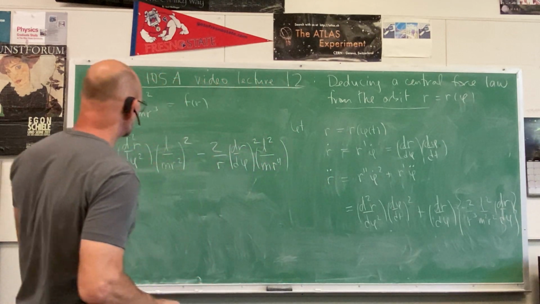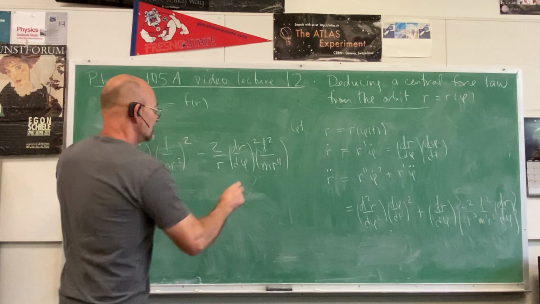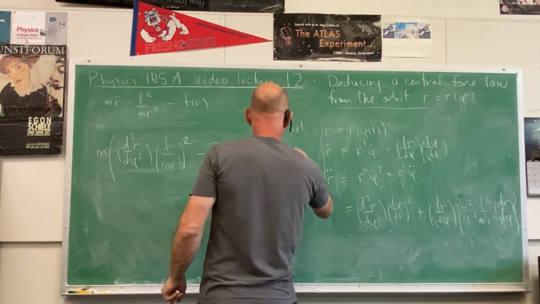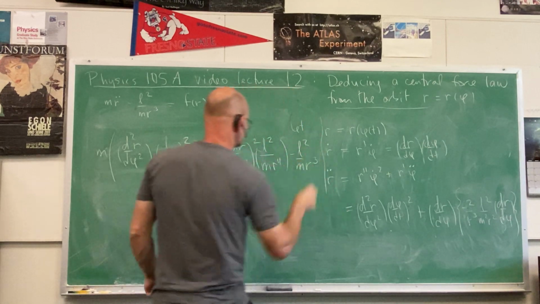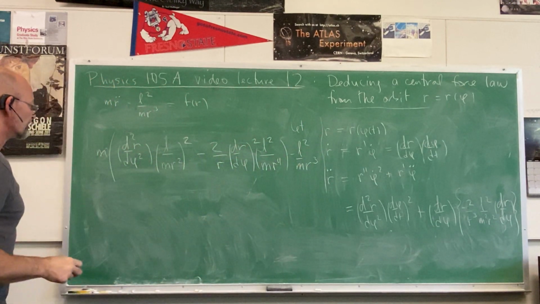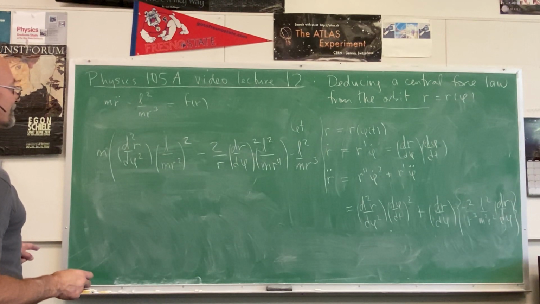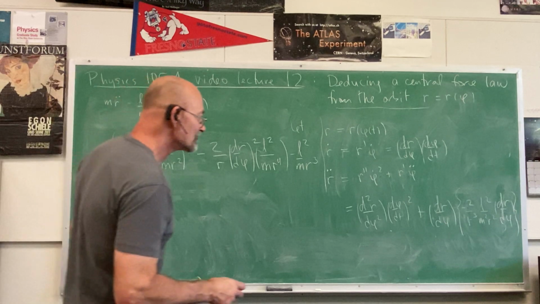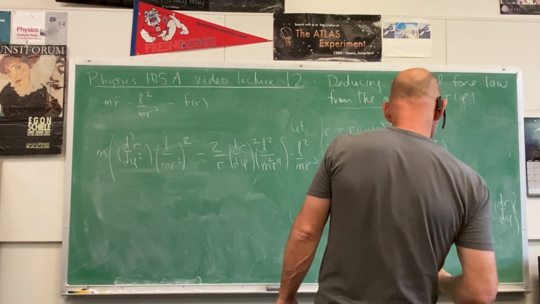Running out of room here. And we just have minus L squared over m r cubed. Squeeze it in right here. Minus L squared over m r cubed. So that actually does the trick.